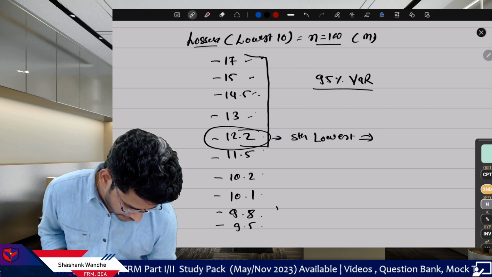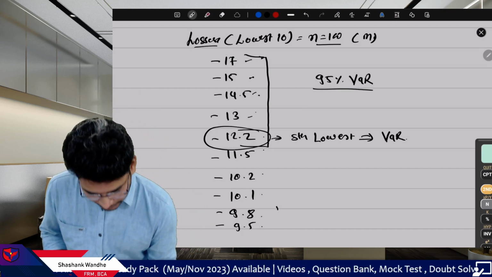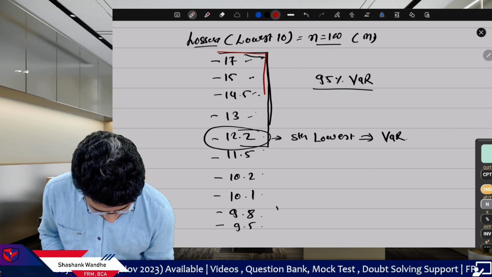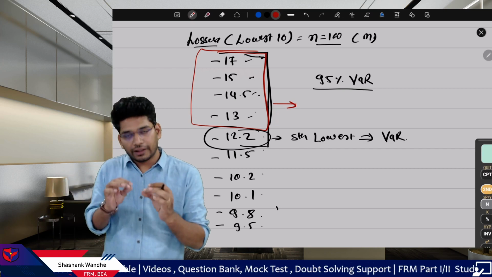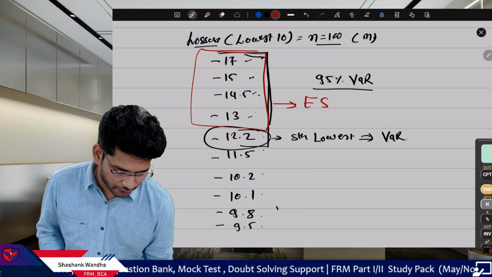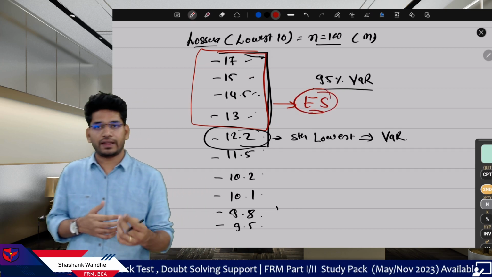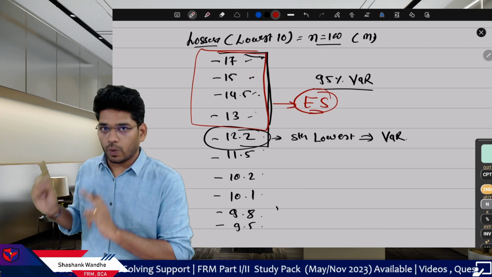The fifth lowest is your VAR, value at risk, and the average of these values, excluding the fifth value, so you take 4 values, becomes your expected shortfall, obviously in the historical simulation setup when you are provided with the loss data. So this was our approach in FRM Part 1.